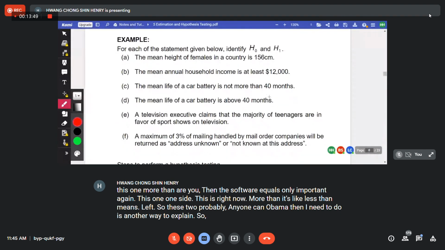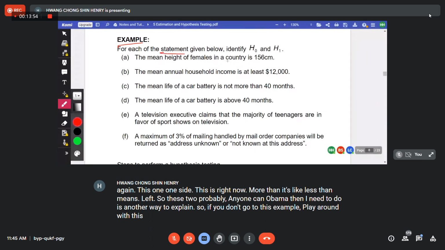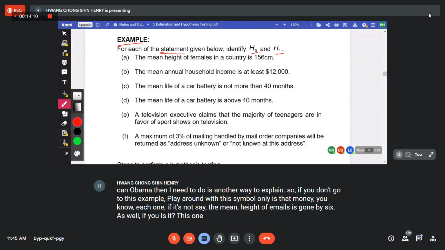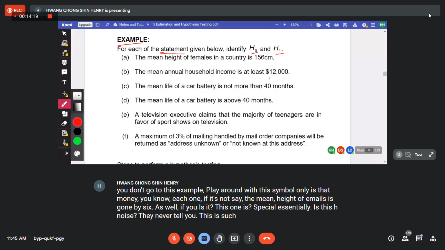So go through this example and play around with the symbols, following the statements given below for H0 and H1. If the statement says the mean height of females is 156, what is the symbol for H1? The question never tells you this is H0 or H1; you have to identify it yourself.